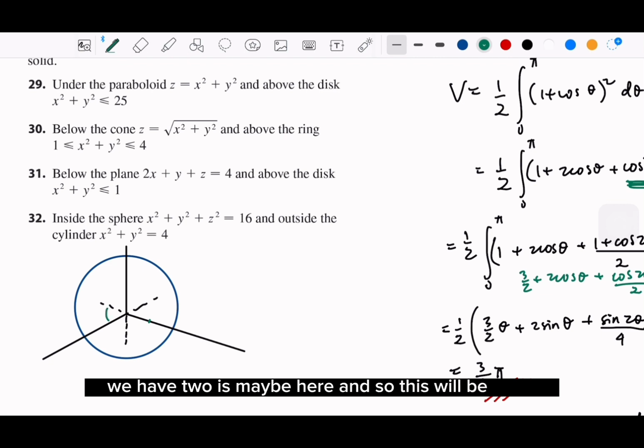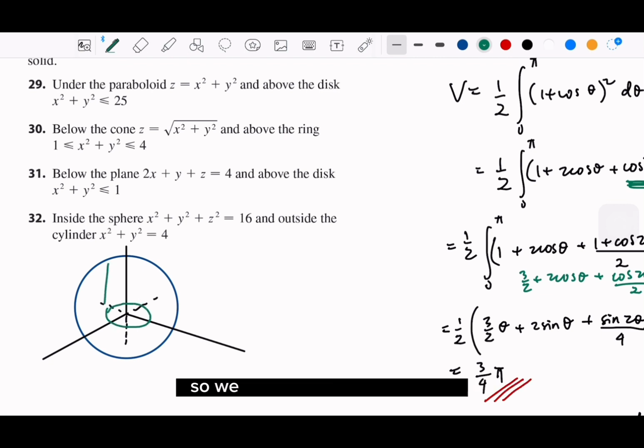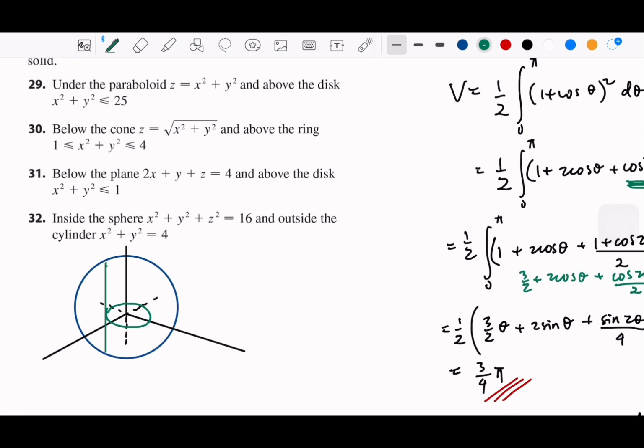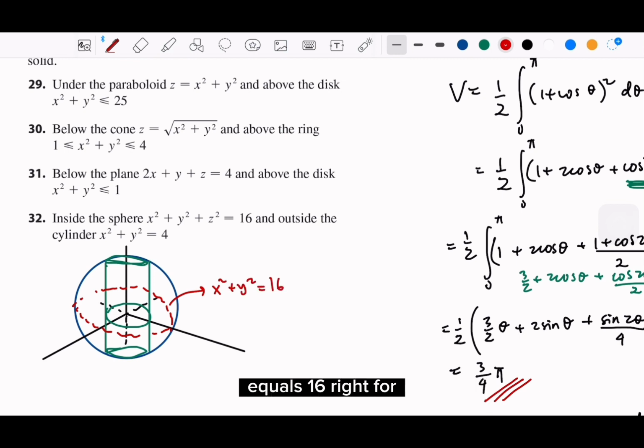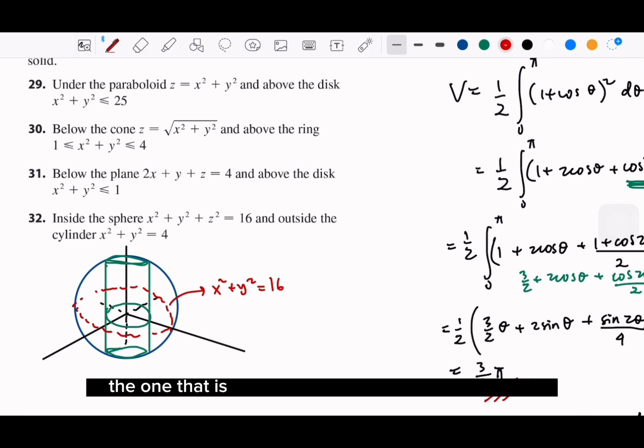Okay, so this will be a circle. So we take the cylinder like that. Okay, first of all, the sphere is going to intersect the xy plane within a circle, right? So this will be x squared plus y squared equals 16, for the one that intersects the xy plane, the sphere.